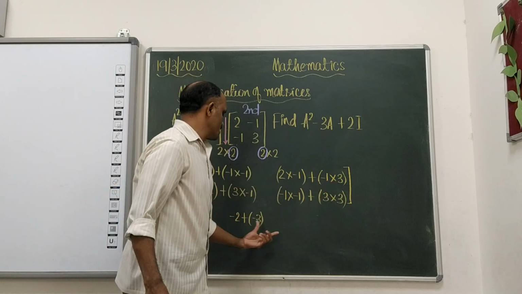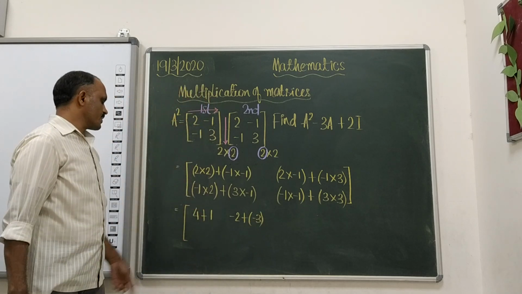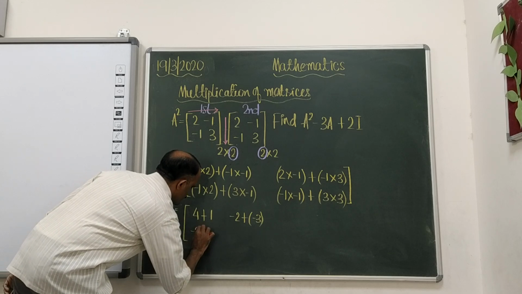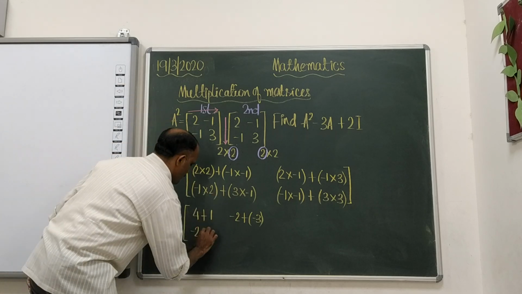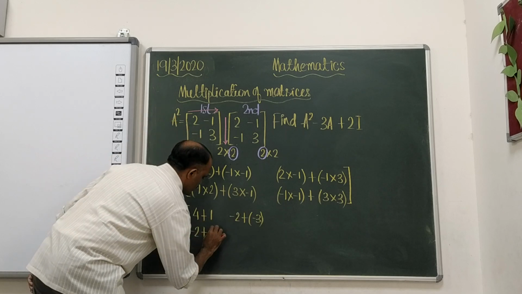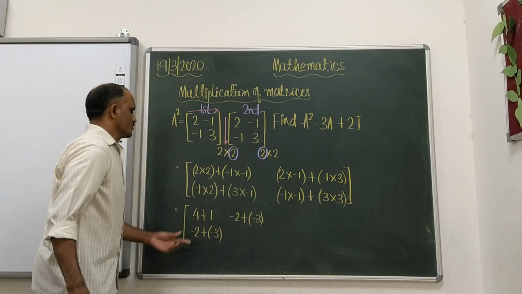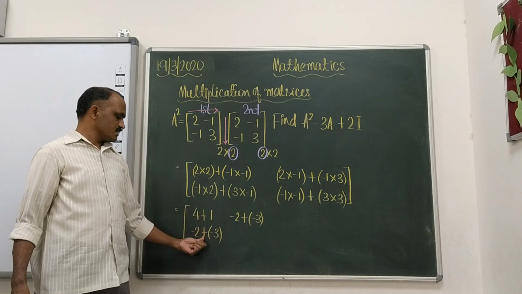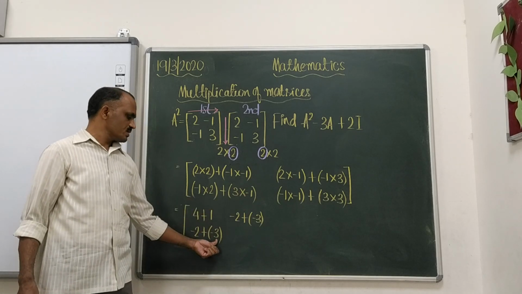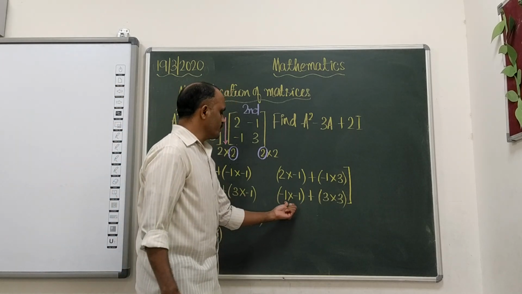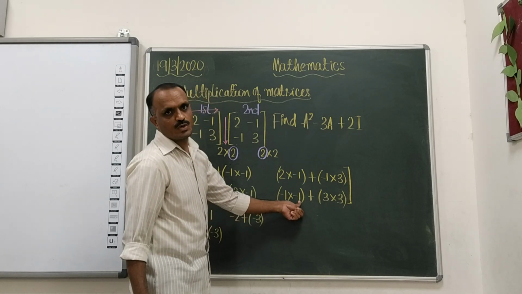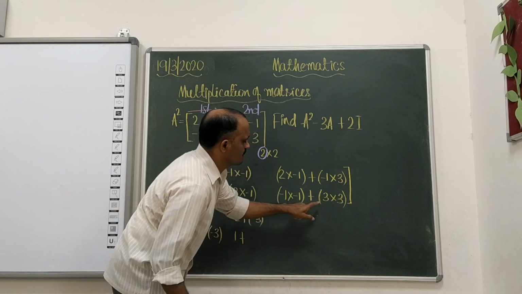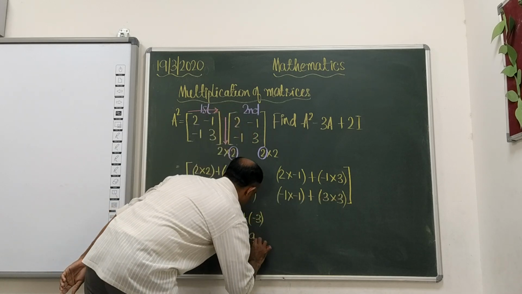Then the second row first element is minus 1 into 2 is minus 2, then plus 3 into minus 1 is minus 3. Then the second element here is minus 1 into minus 1 is plus 1. Then plus 3 into 3, so we are getting 9.